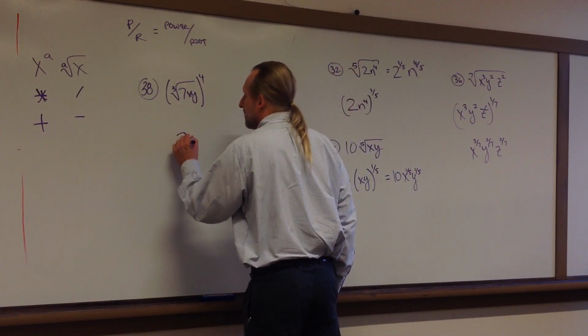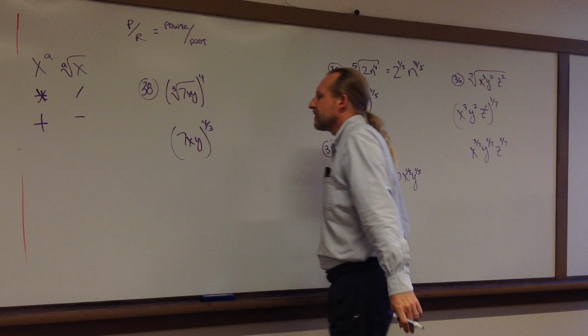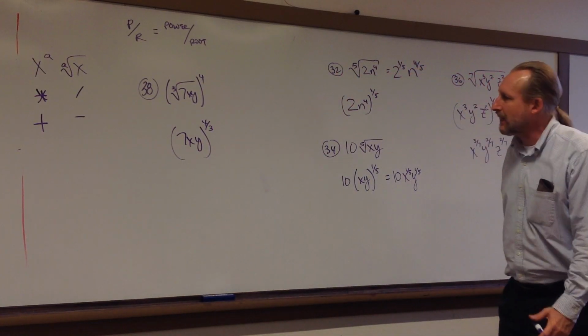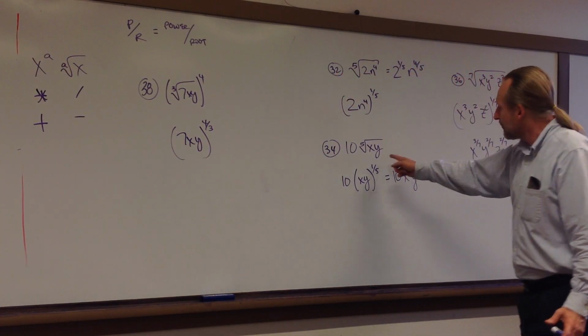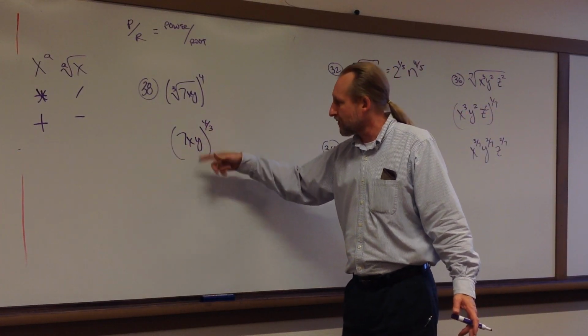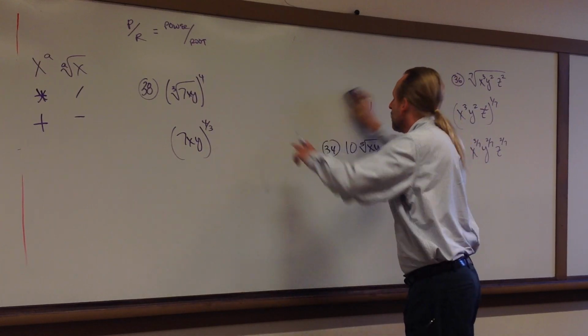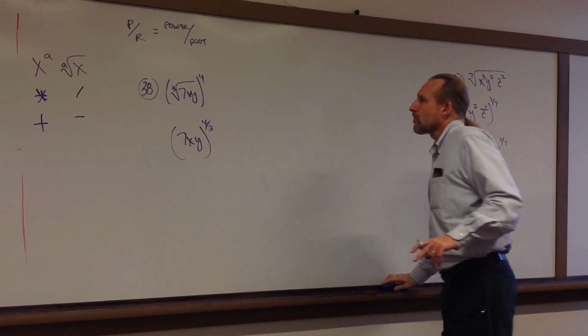So this is going to be 7xy, and the whole thing gets raised to the 4/3 power. I would just leave it like that. You can put it into each individual one, 7 to the 4/3, x to the 4/3, y to the 4/3. That's fine. Or you can just leave it the way it is.